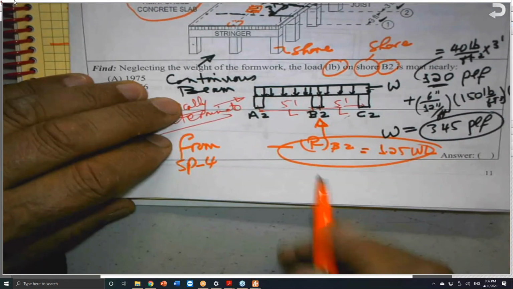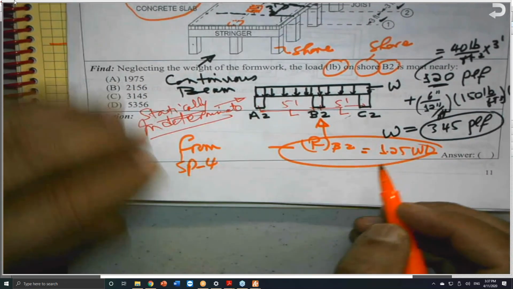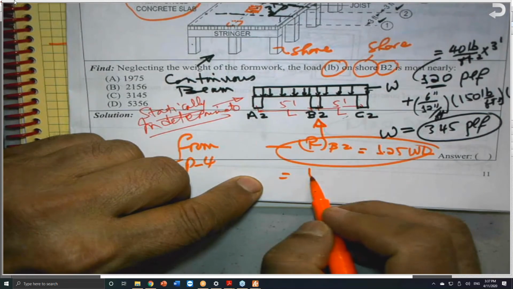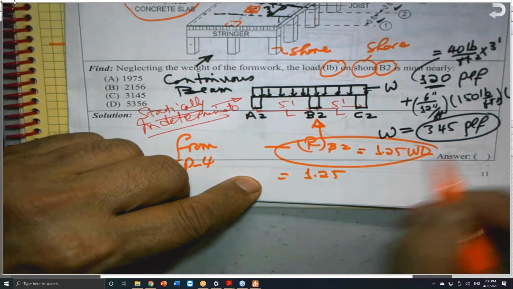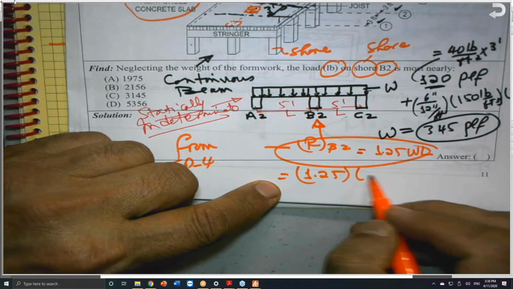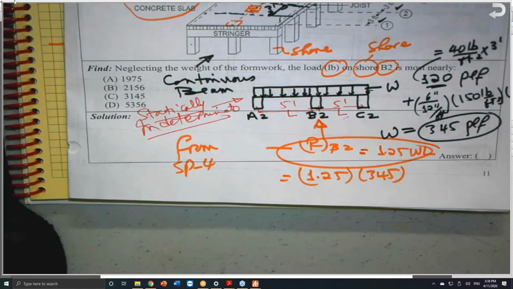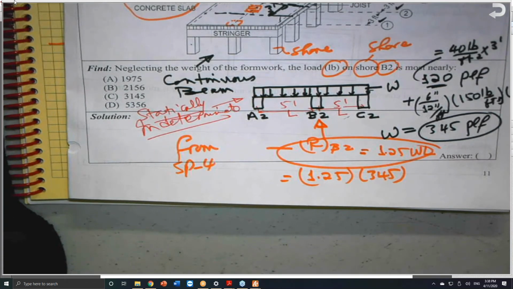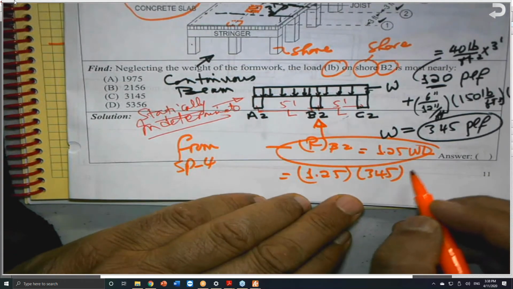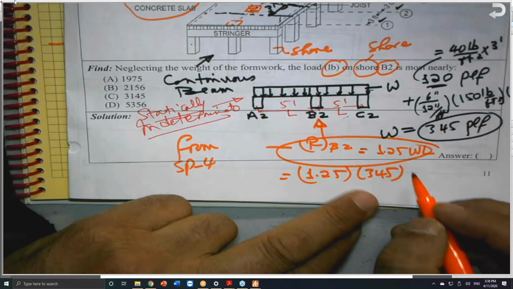So in this case, the reaction right now is equal to 1.25 W. I calculated W to be what? 345. Unless I missed something. Those of you who are with me here, try to see if I miss anything. 345, and L is 5 feet.